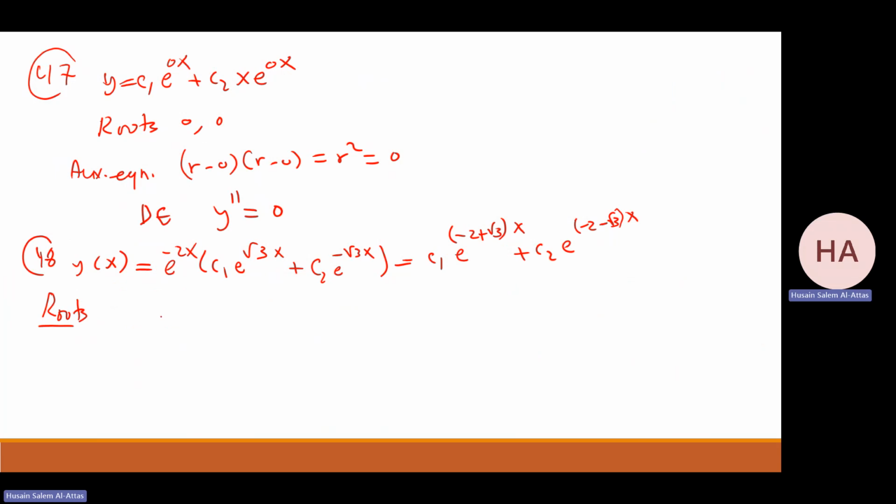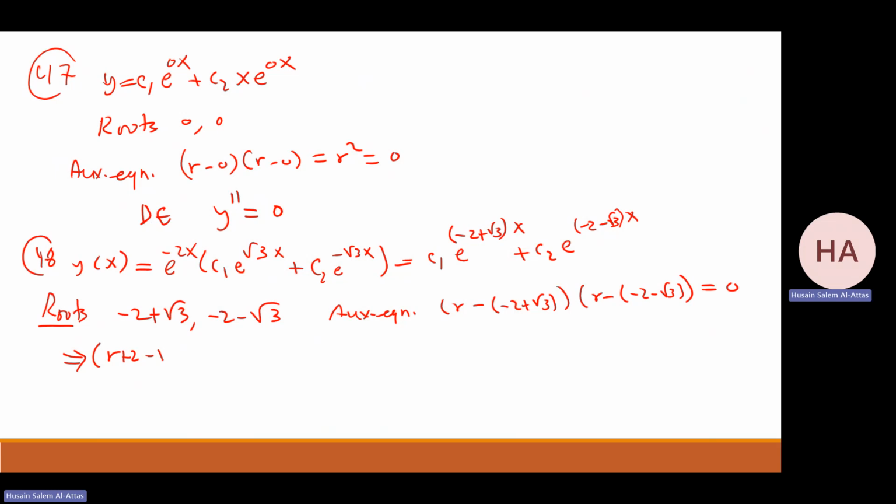Be careful here. The roots are minus 2 plus the square root of 3 and minus 2 minus the square root of 3. So the auxiliary equation is r minus (minus 2 plus the square root of 3) times r minus (minus 2 minus the square root of 3) equals 0. So I have r plus 2 minus the square root of 3 and r plus 2 plus the square root of 3, equal to 0.